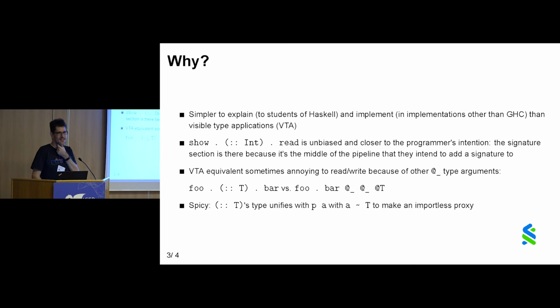You want to say that the type that's here in the middle is this type, but you could arrange for foo and bar to have types such that if you wanted to use visible type applications, you would have to skip a bunch of type parameters. And also, the spicy usage of it is that this has, of course, type t to t, but that unifies with P A, with P being T2 and A being T.